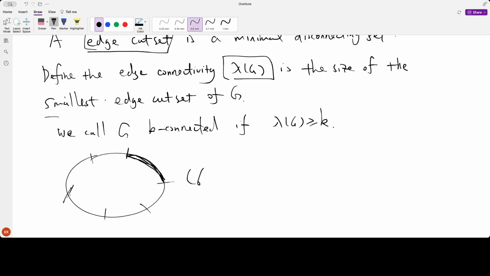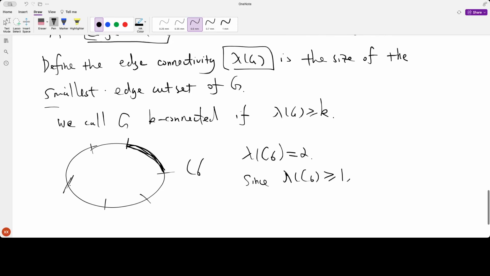So the edge connectivity of C6 is 2. And since lambda of C6 is greater or equal than 1, then we call it 1-connected. It is also 2-connected, but it is not 3-connected.